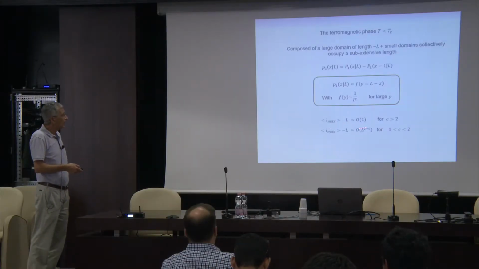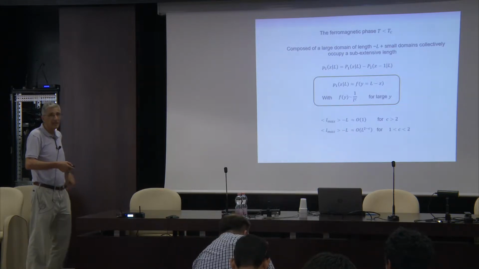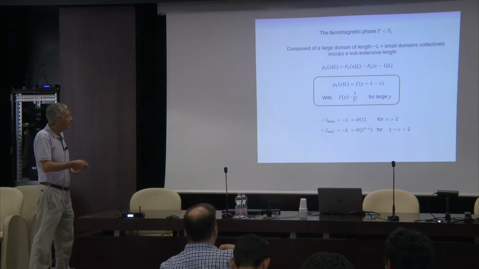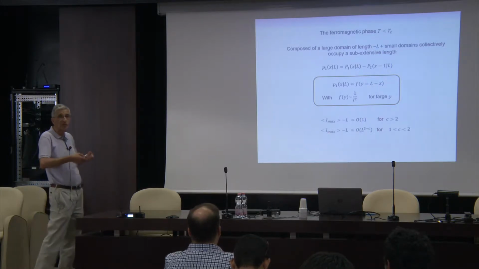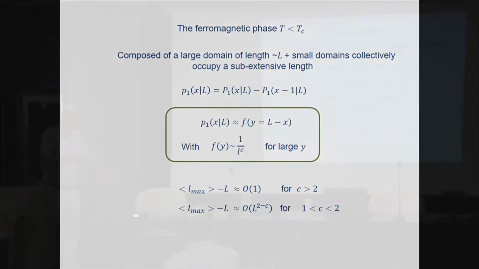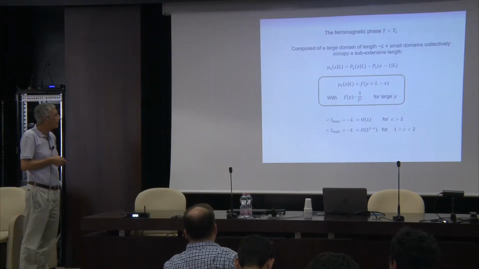On the other hand, if c is between 1 and 2, because of this distribution, they are of course sublinear, but the average length of these extra little domains diverges with some power law of L to the power 2 minus c. But basically you have one single domain of size L and some other domains which are sublinear.